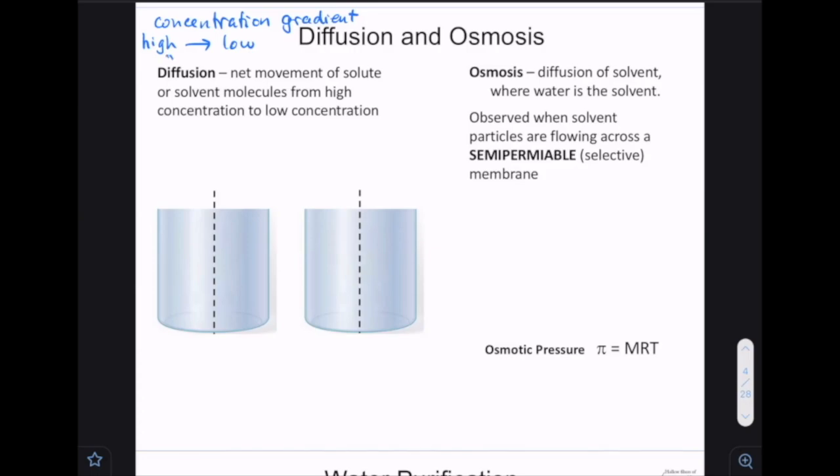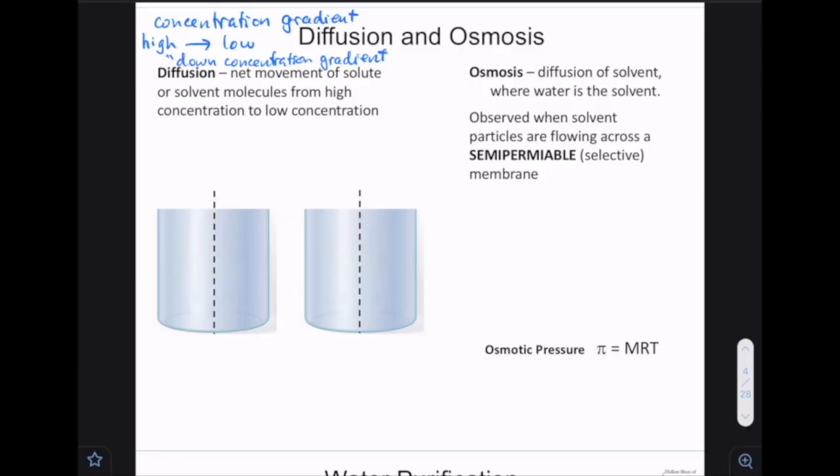You're flowing down a concentration gradient. And that's the definition for diffusion here. It's the net movement of solute or solvent molecules from a high concentration to a low concentration. When we get to thermodynamics, there's an entropy explanation for that, but we're not there yet.